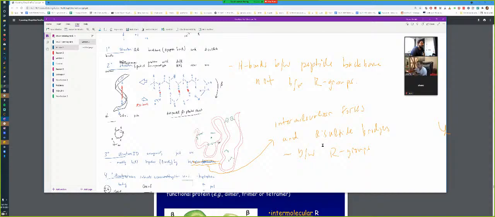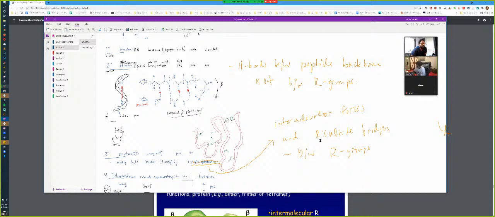An example that they usually give is myoglobin and hemoglobin.